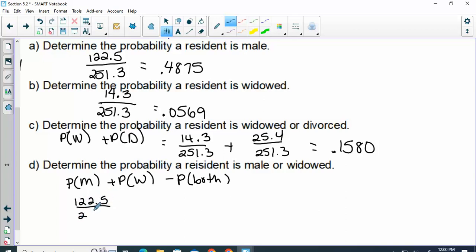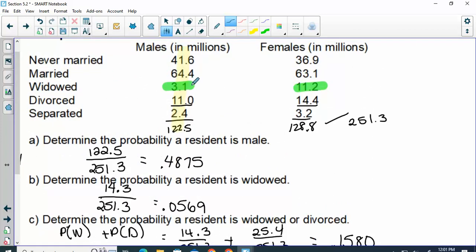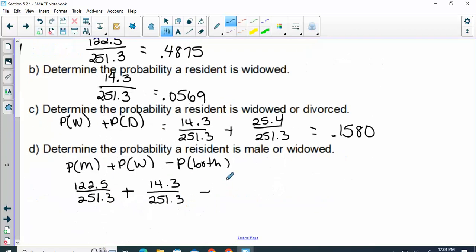I have 251.3. You might have used these decimals from A and B, but you could have a little rounding error if you do that, so make sure you're showing your work if that's the case, so I know where it came from. Widowed, we had 14.3 out of 251.3 minus both. We want to know how many are male and widowed. So we have double counted those 3.1.